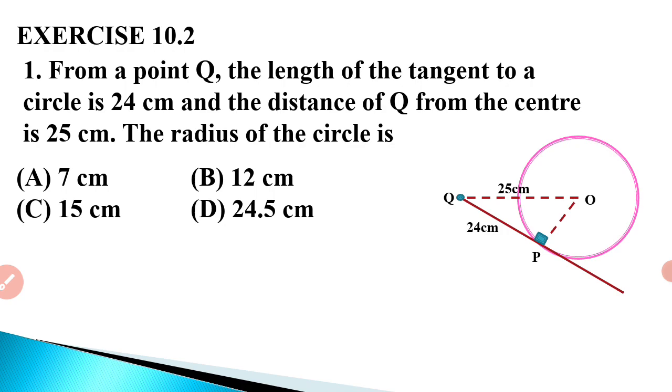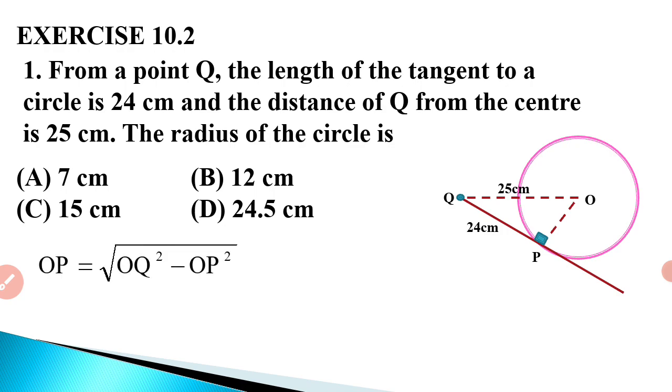Children, when I join OP, I get a right-angled triangle OQP, right-angled at point P, because OP is the radius and QP is the tangent, and we have already studied that the radius is perpendicular to the tangent at the point of contact. I am going to use the Pythagoras theorem in this right-angled triangle to get the length of OP.